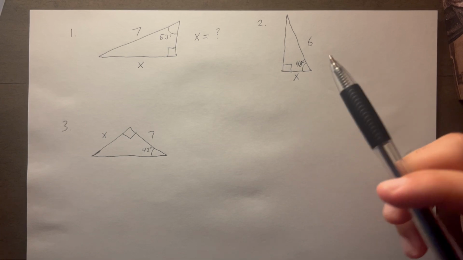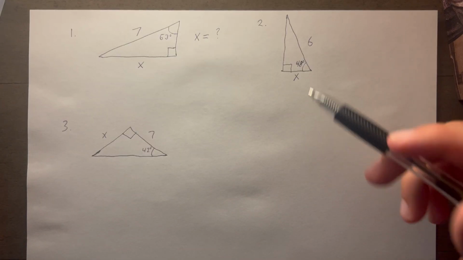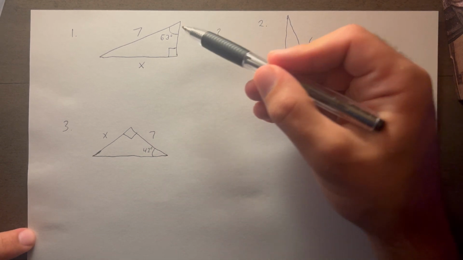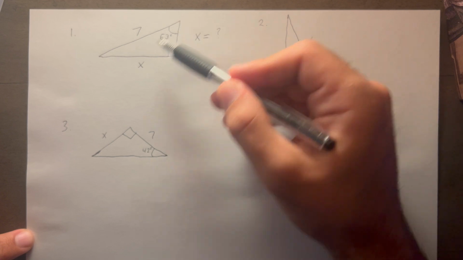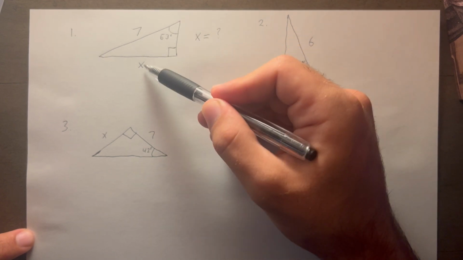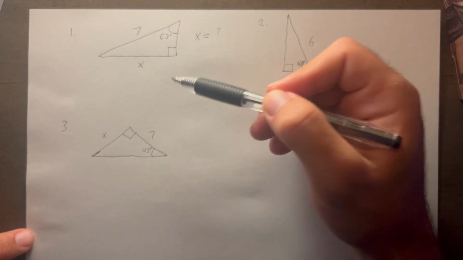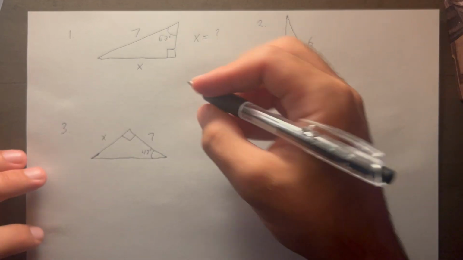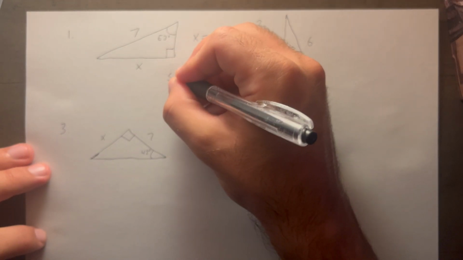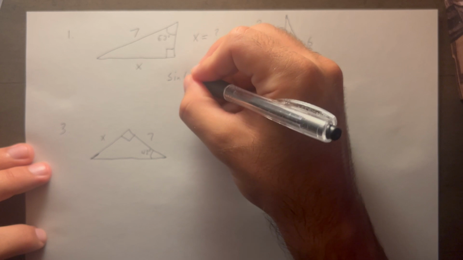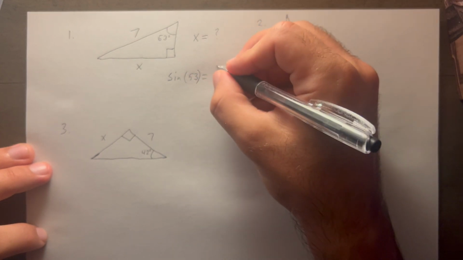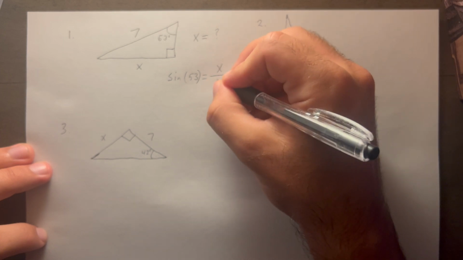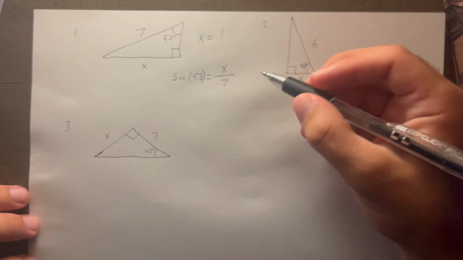Okay, so this one, we look here, you've got the angle right here. This is the hypotenuse. And so x is going to be the opposite side. So if it's opposite and hypotenuse, that means we're going to be using sine. So it's going to be sine of 53 equals x divided by 7. Some pretty easy algebra.